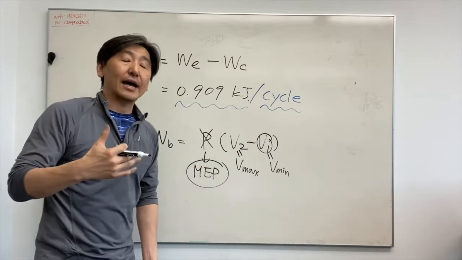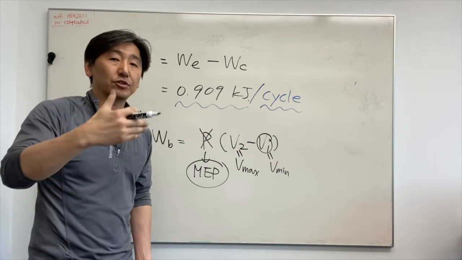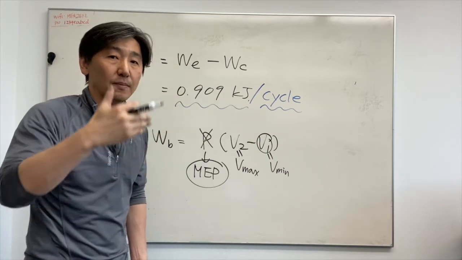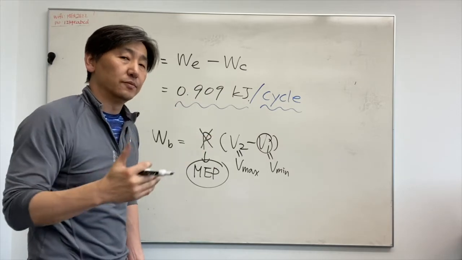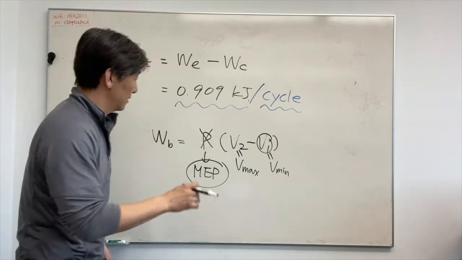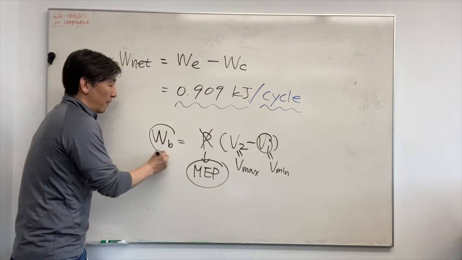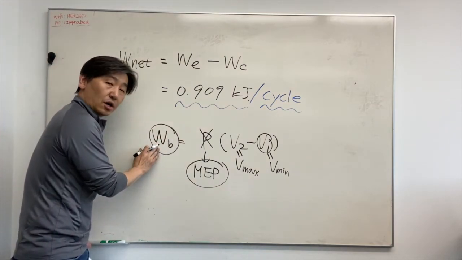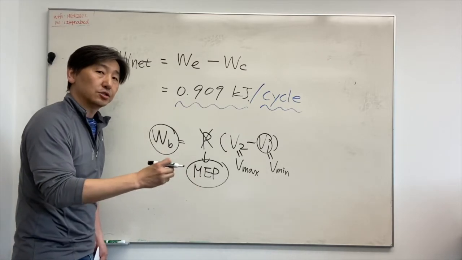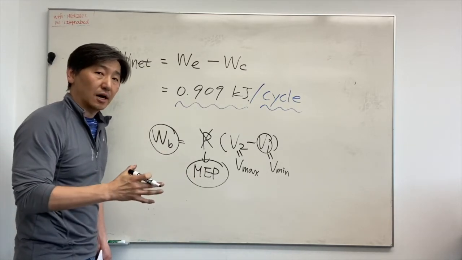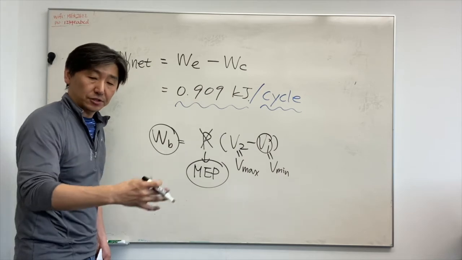But if you decide those geometrical limitations in terms of maximum volume and minimum volume of your cylinder or your piston movement, then in order to produce that amount of net work, how much mean effective pressure should be achieved? So that is the main motivation.